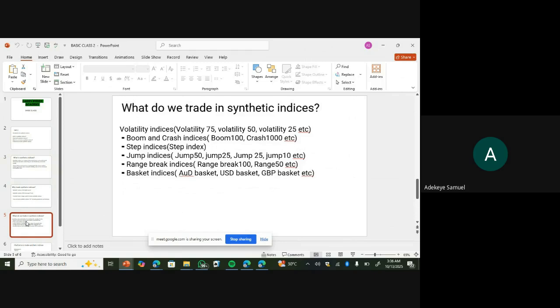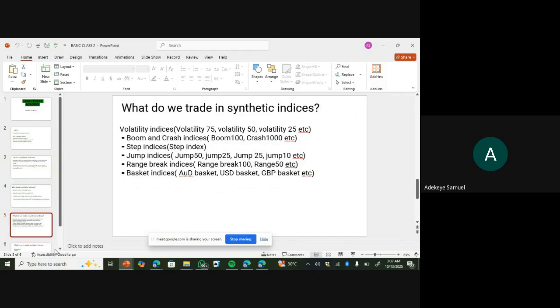But on Deriv, on synthetic indices, anything happening in the real world market does not affect the AUD basket. We have the copied USD basket, and the GBP basket also. All these they copied from the real world market. So those are the pairs we have in synthetic indices.